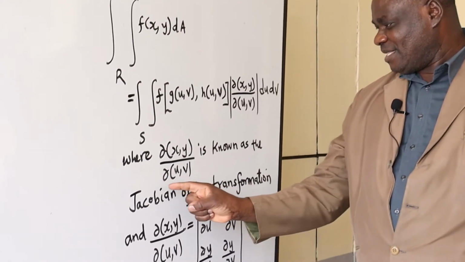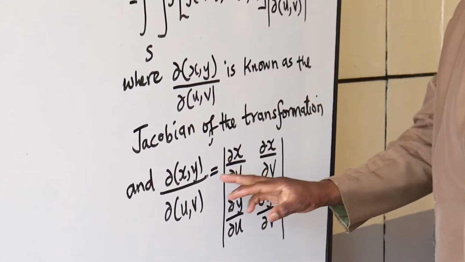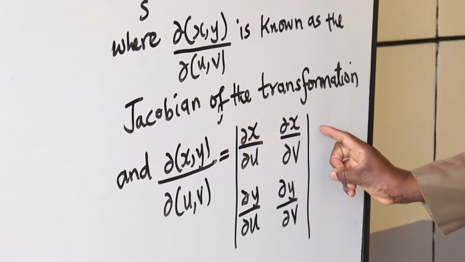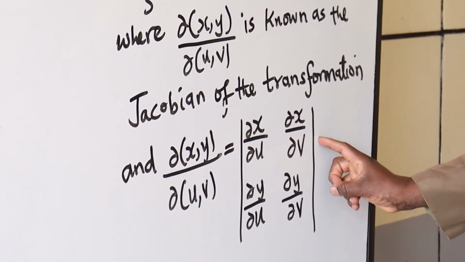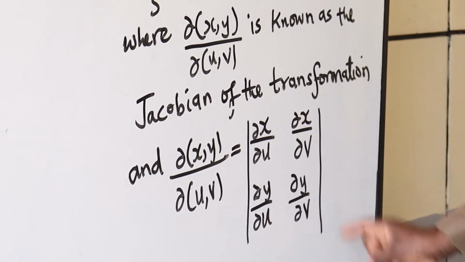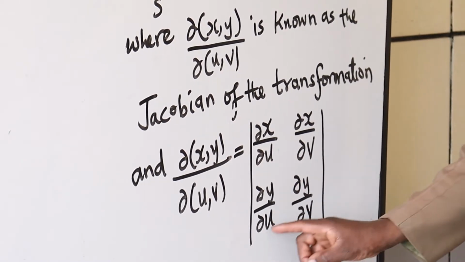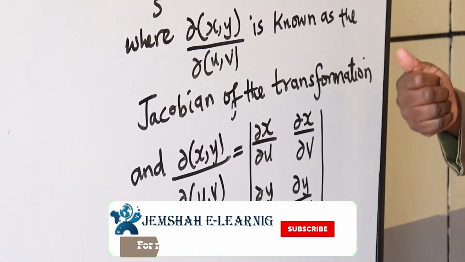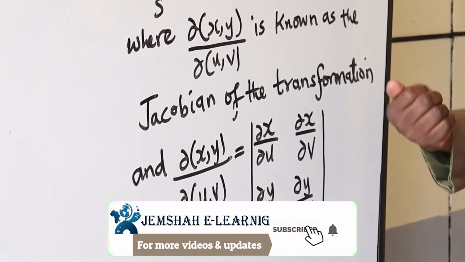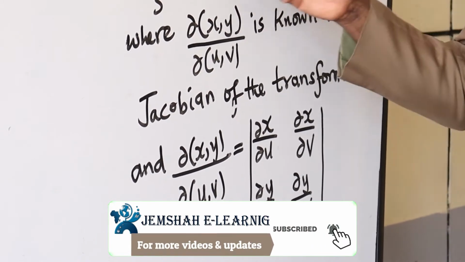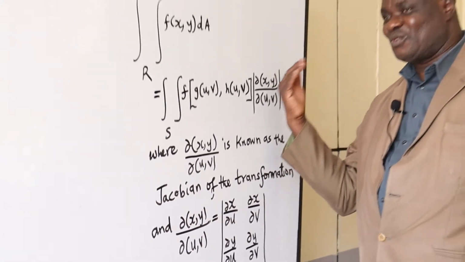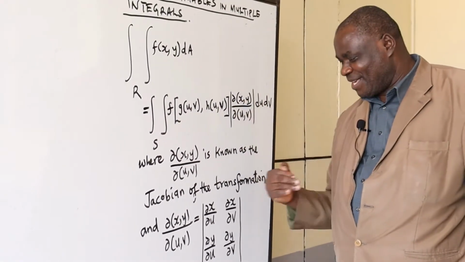Now, this Jacobian of the transformation is evaluated as follows. It is the determinant of a 2 by 2 matrix. That is when we are dealing with a function of two variables, x and y, which will be changed into a function of two variables, u and v.